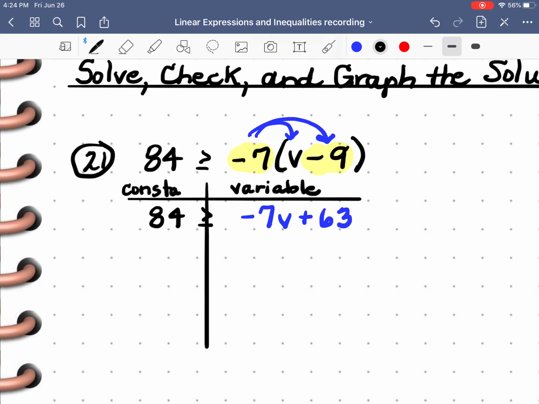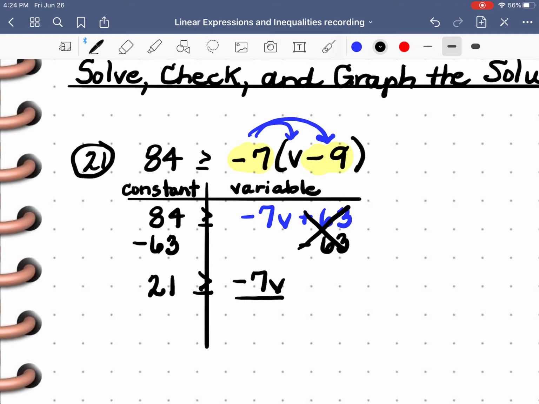So this inequality is not in standard form. The variable's on the right. So let's do a -63 and -63 and cancel. So I'm left with a positive 21 is greater than or equal to -7v.